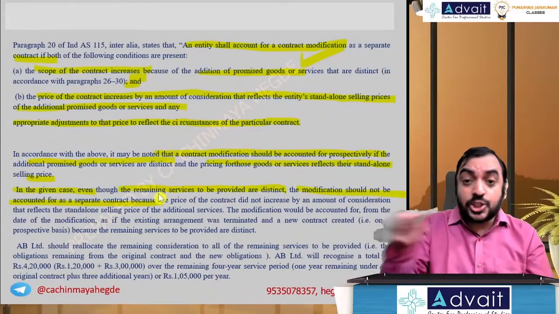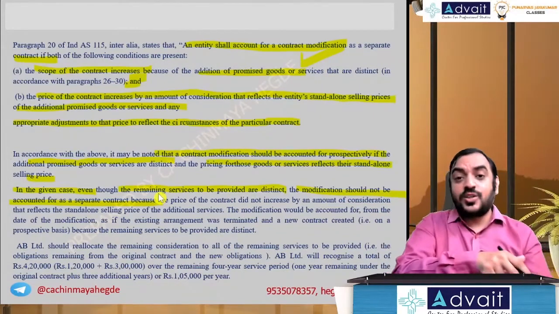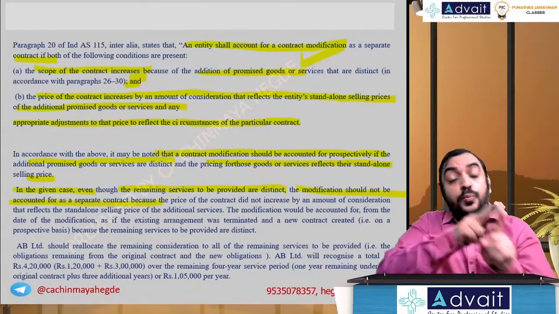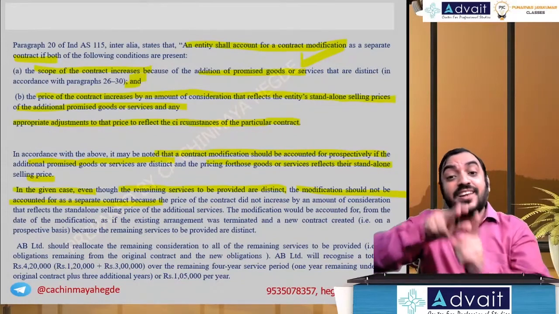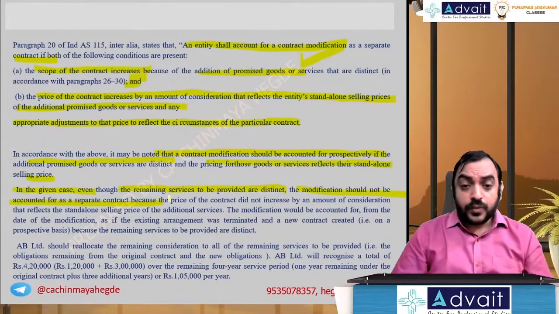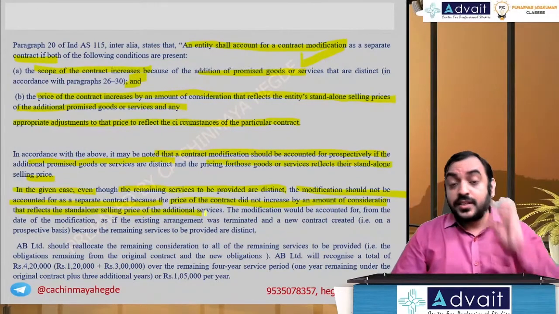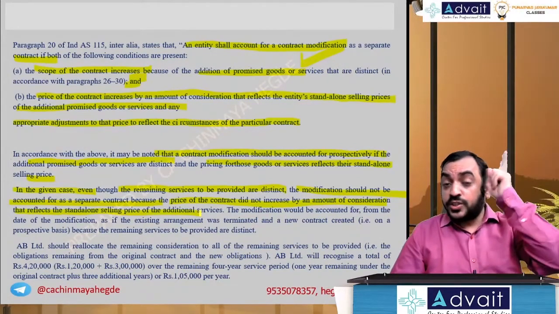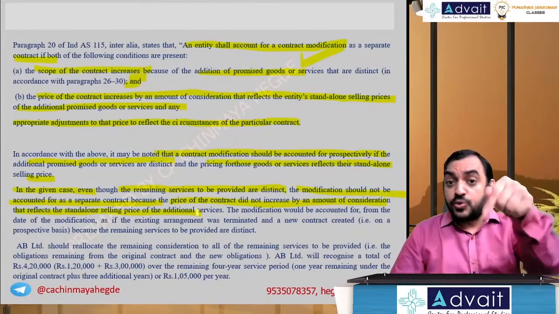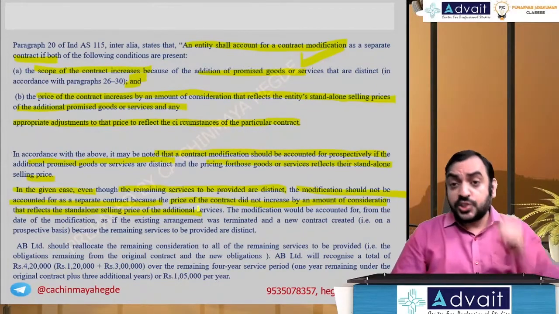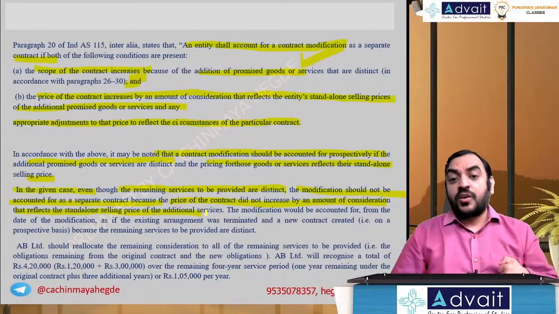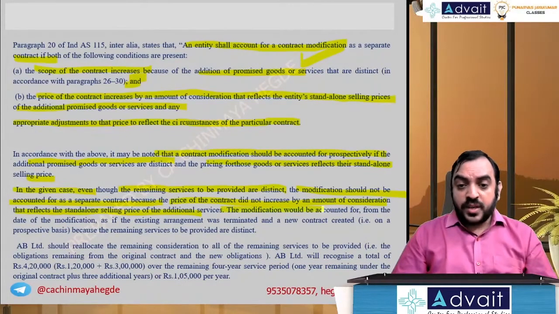The price charged for that additional service should be fair, reflecting the standalone selling price. The price did not increase by an amount of consideration that reflects the standalone selling price, because you are supposed to charge somebody else 1,20,000 per year, but you charge them 1 lakh. Why are you giving a concession? Because they are part of our existing contract. The modification would be accounted for from the date of modification.